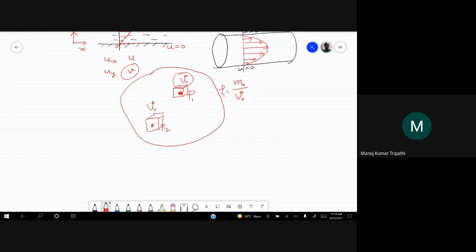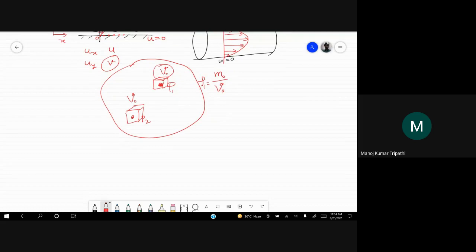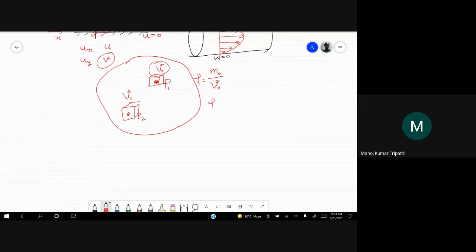Okay, that is density. And density at point 2, P2, we are denoting density by rho. So rho 2 is this M0, which can be different, okay, if the fluid is not homogeneous, if the density varies from point to point, it can happen, divided by the same volume V naught.